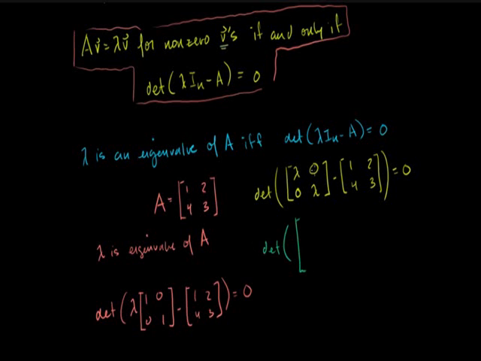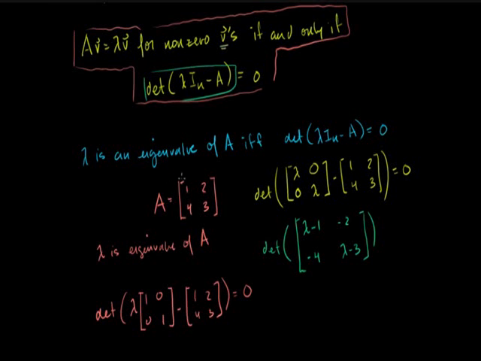This matrix will become lambda minus 1, minus 2, minus 4, and lambda minus 3. This is the new determinant, and we have to find its value, and that must be equal to 0 to find the eigenvalues. How do we find the determinant?